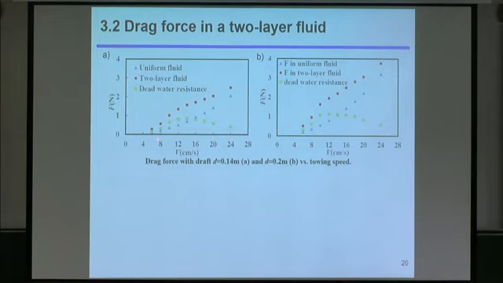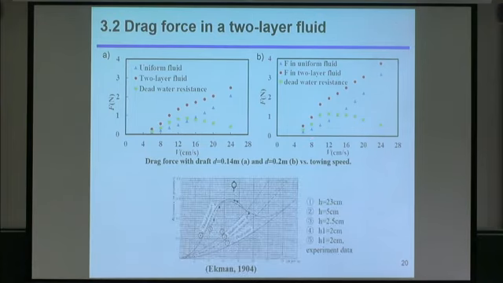So from here, it can be clearly seen that if the towing speed is very slow or very large, then the dead water resistance tends to zero. But only in this area is it a very important part of the drag force, because at here it is maybe almost twice the drag force of the uniform results.